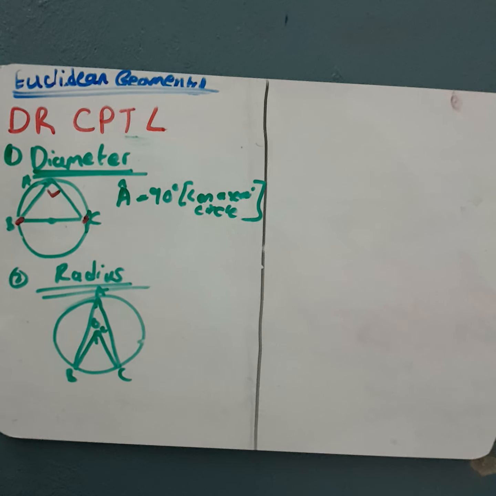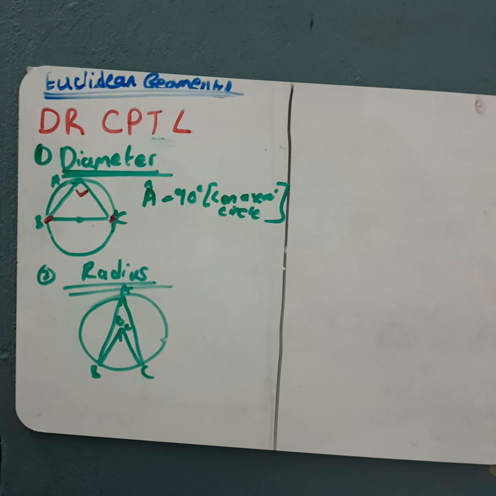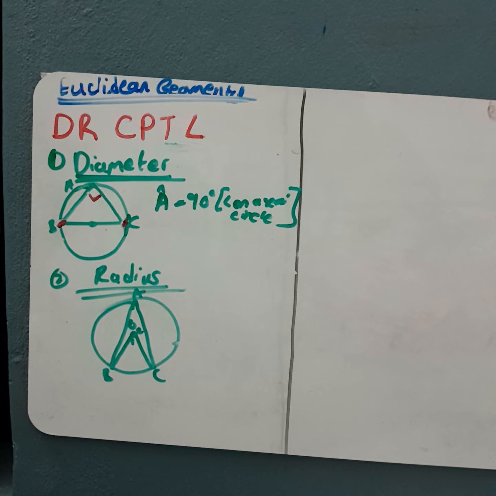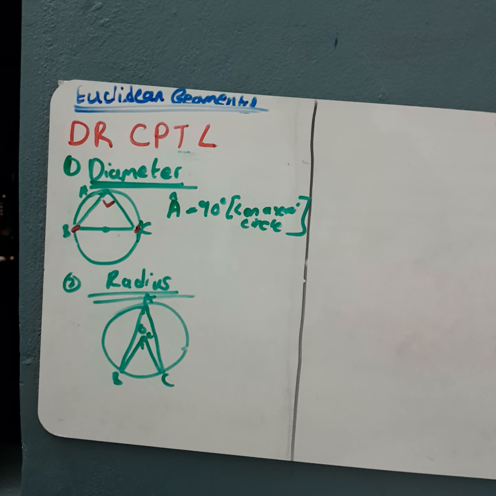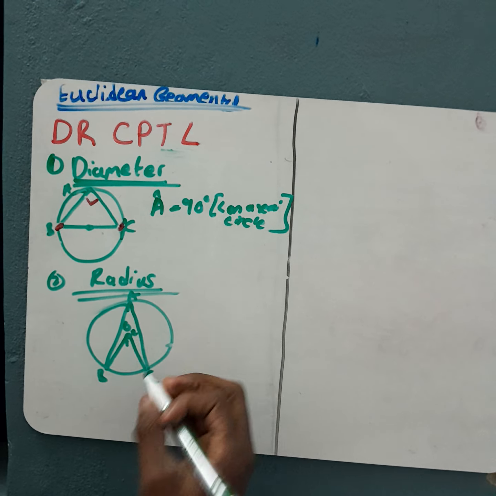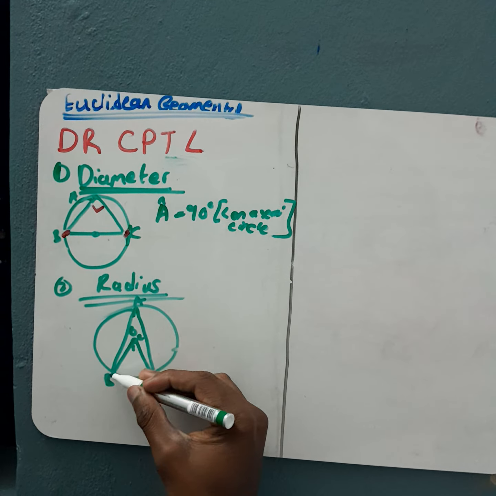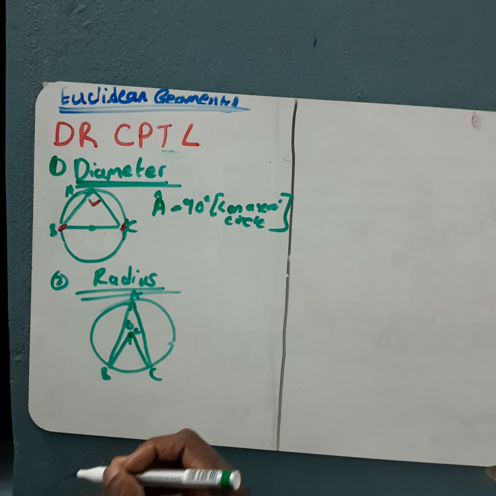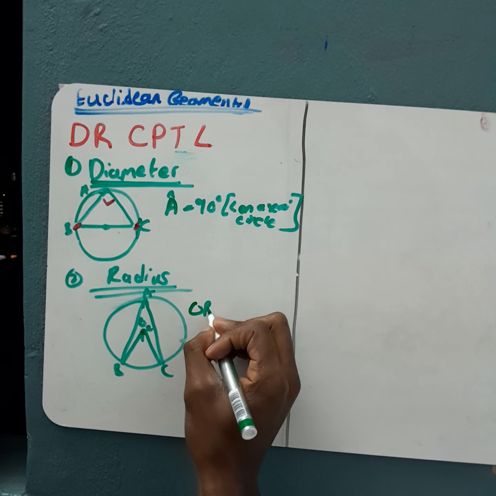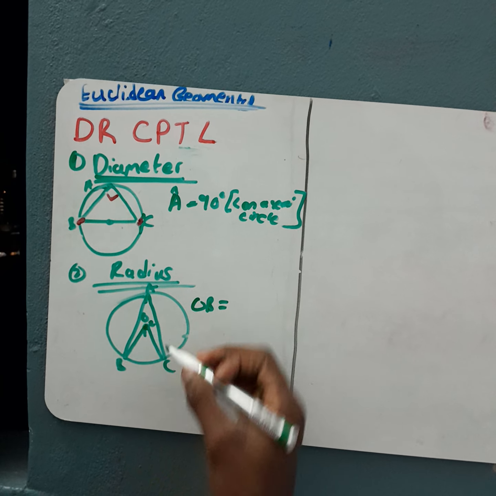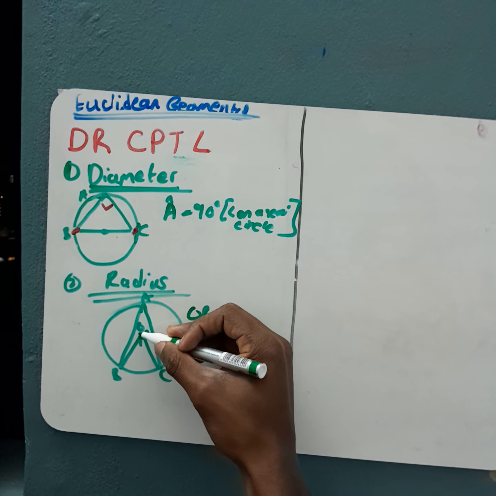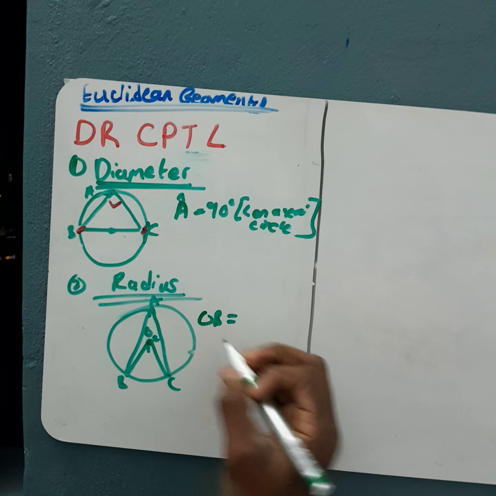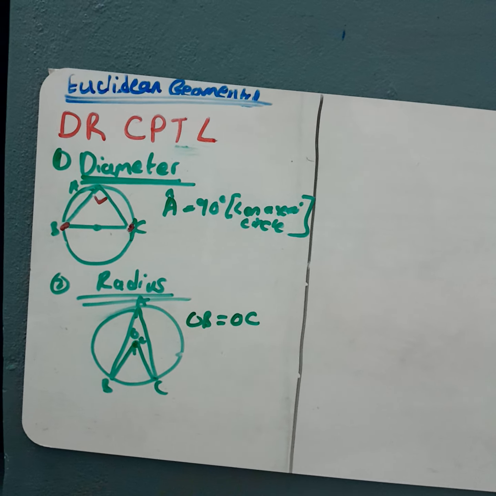Even if we have millions of radii on a circle, they are all equal. So for this one, you can see that we have radius OB, a line from the center to the circumference. Then OB, our first radius, equals what? The line again from the center to the circumference, which is OC. So we can start there.